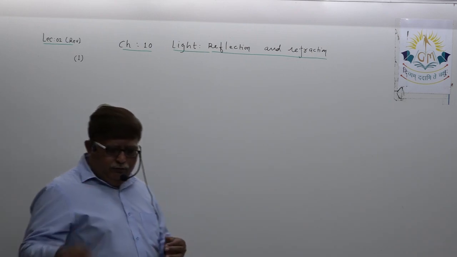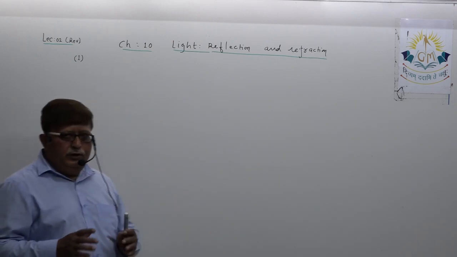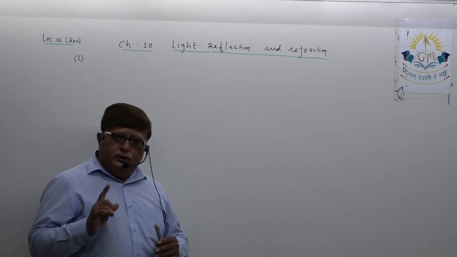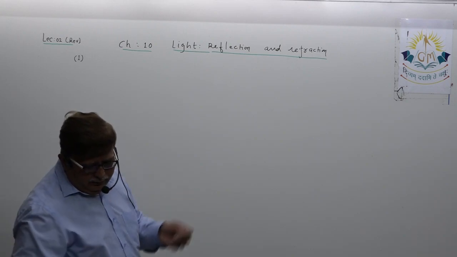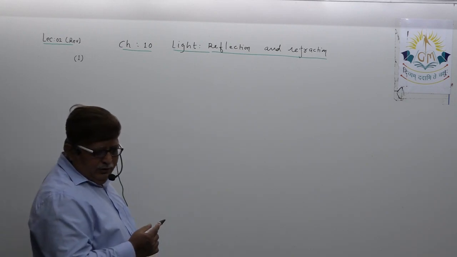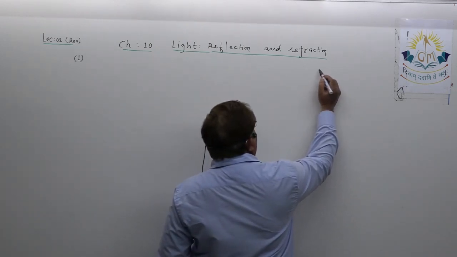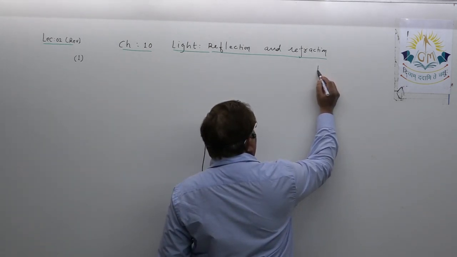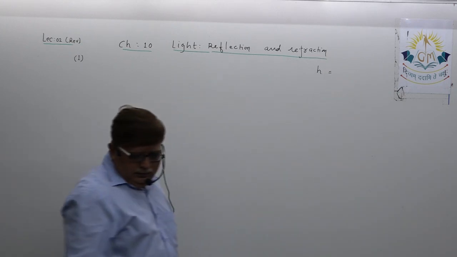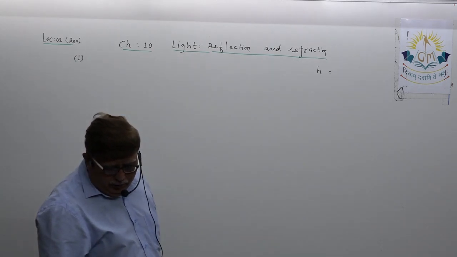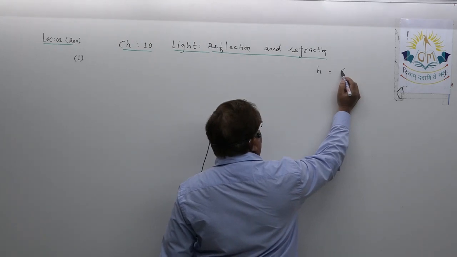So first let us represent the given data. Size of the object has been given. I am writing the data here. h is given, the height of the object, that is 4 centimeter.